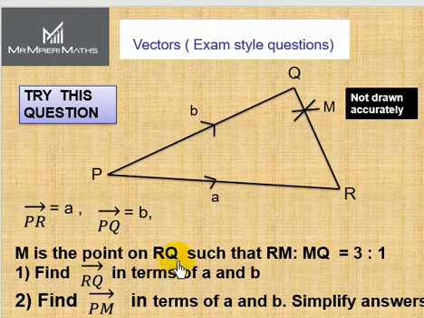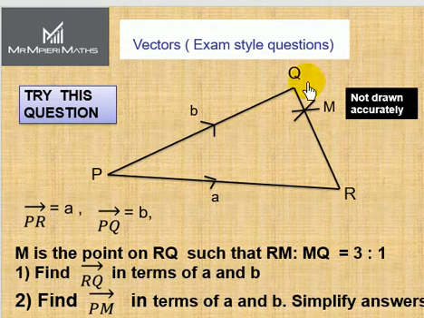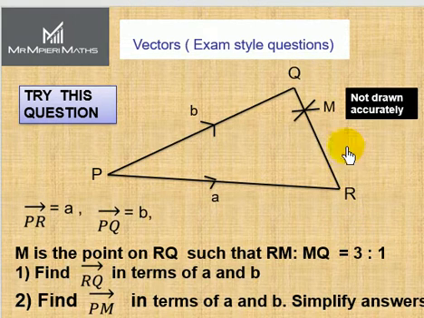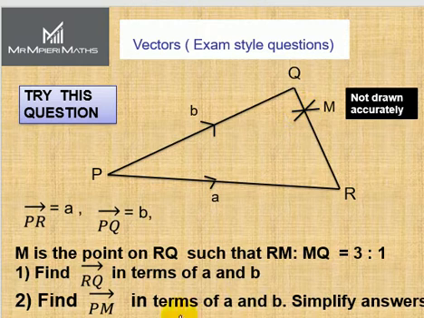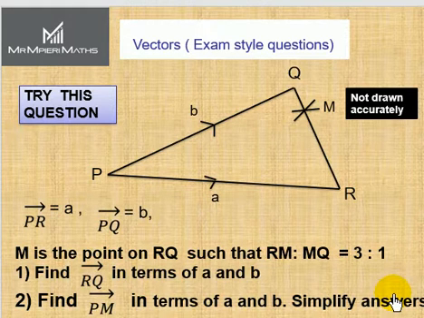M is the point on RQ such that RM to MQ is 3 to 1. So the whole of this length should be 4, and that part is 3. Find the vector RQ in terms of a and b. Find vector PM in terms of a and b, and simplify your answer. Have a go, press pause, and when you're done, press play.